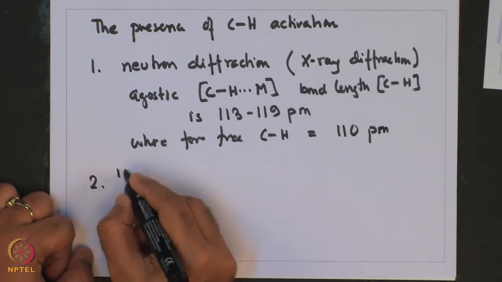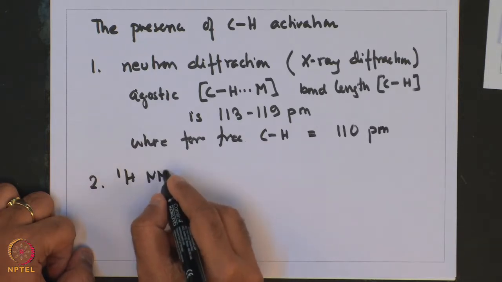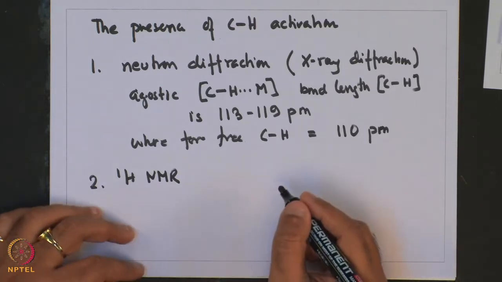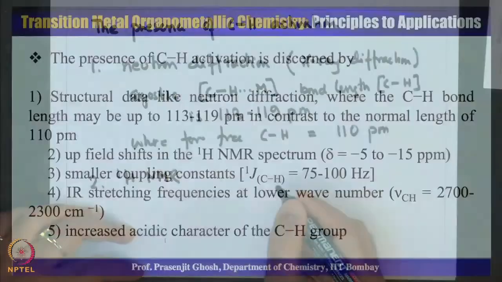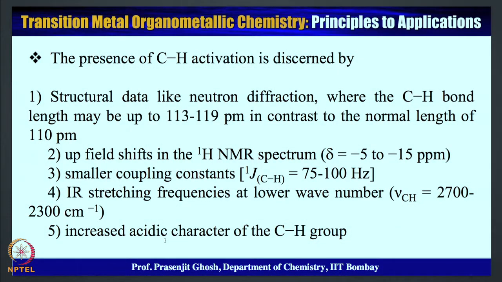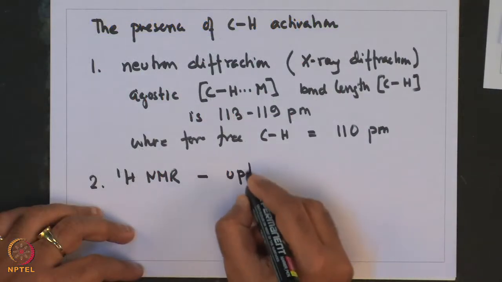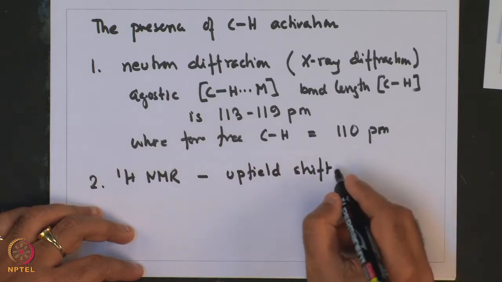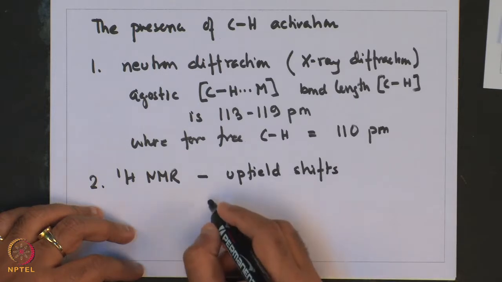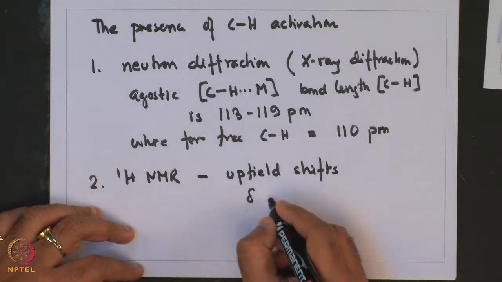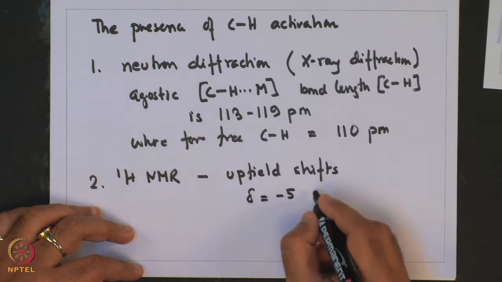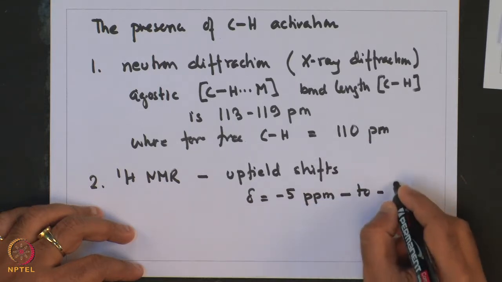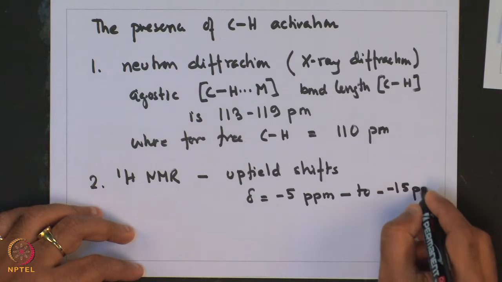Similarly, proton NMR is a useful spectroscopic technique for identifying CH Agostic interactions, and they show upfield shifts in the region from delta minus 5 ppm to minus 15 ppm.